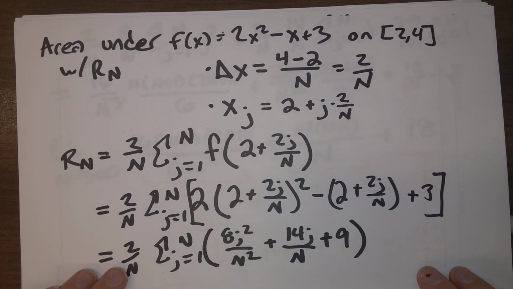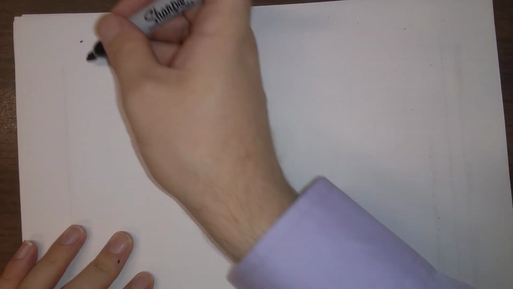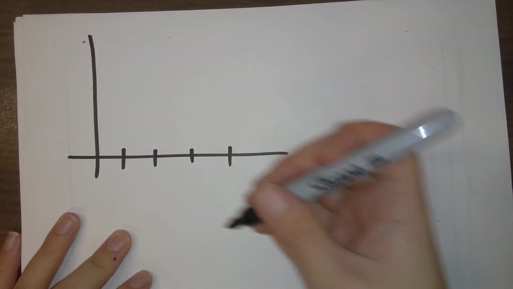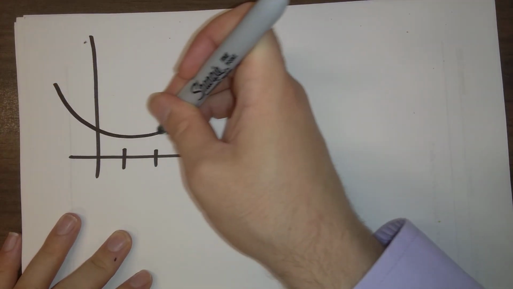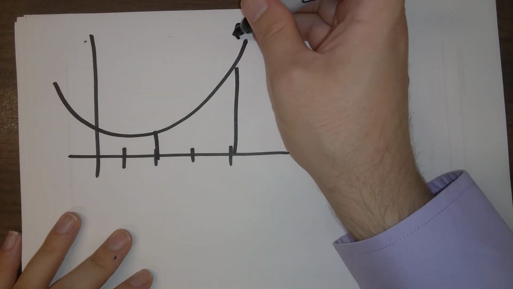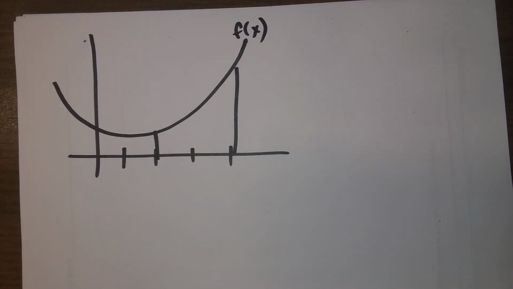Let's take a moment to comment on what we just did. This is a rather non-trivial thing. The graph of the function looks like this. This was our f of x, and we just found this area. It's the area under a parabola.